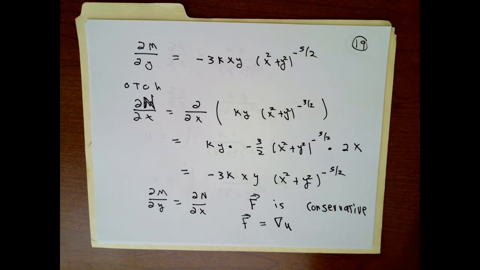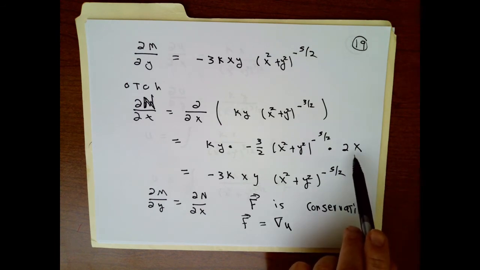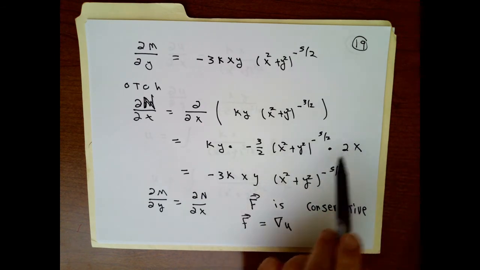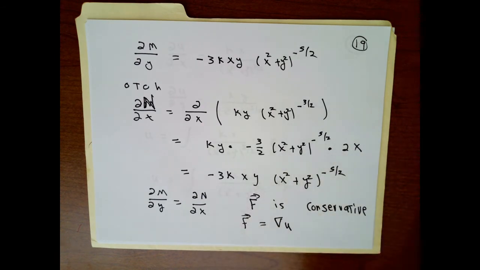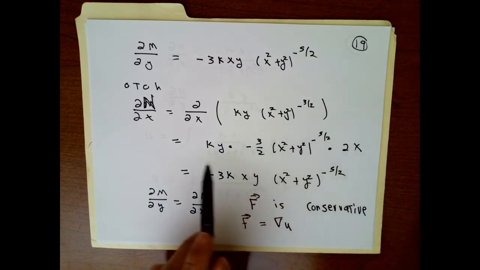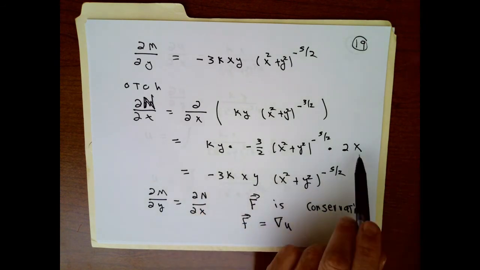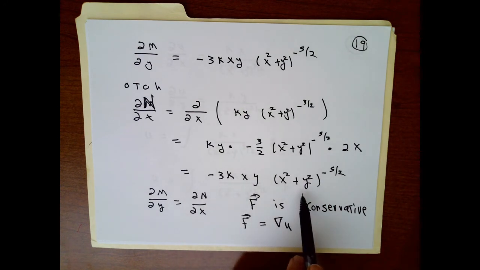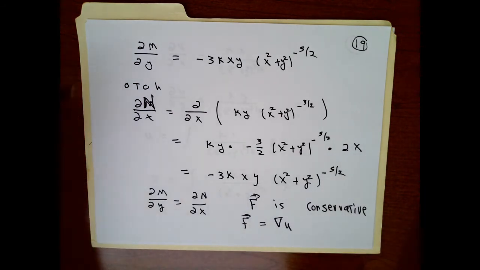So this time, instead of having a 2y at the end, we have a 2x instead. The 2 and the bottom of the fraction cancel out. Negative 3 times k times x times y times x squared plus y squared to the negative 5/2 power. This is the same as the partial derivative of M with respect to y.